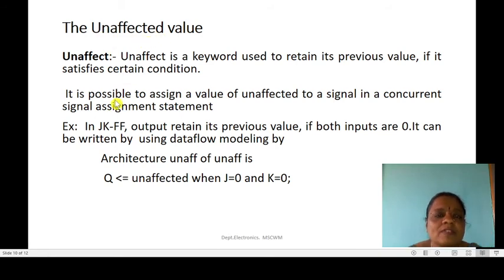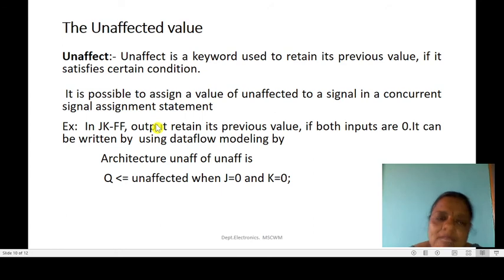In which circuits is that type of working there? If you remember, whenever we are explaining flip-flop circuits, we say that if some condition is there, for example, if S is equal to 0, R is equal to 0, it retains the previous value.